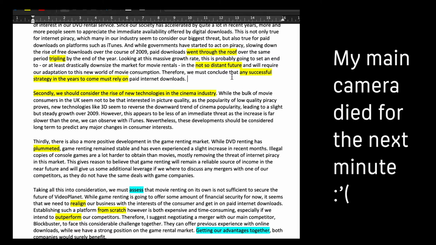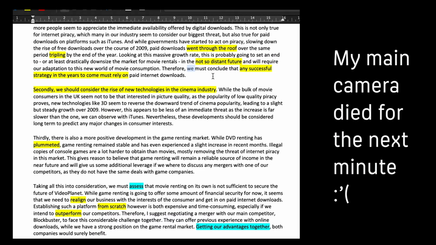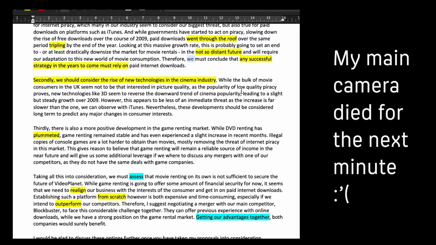That wasn't very well expressed. By saying we must conclude, that subtle use of the word we means that he's bringing the reader in on the conclusion. You're not saying I'm telling you this. You're saying that the data that we see, the trends that we see, force us to conclude that, and then you put the final point. It's sneaky, and I like it. It's subtle but effective.